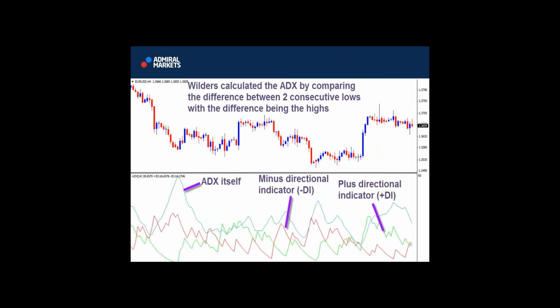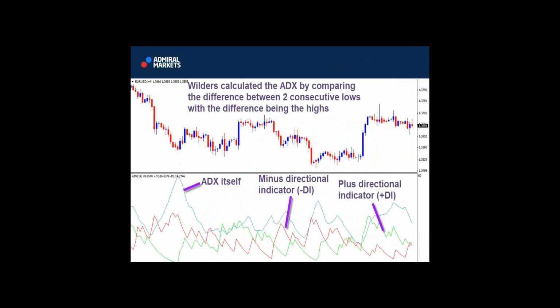Now how is that calculated? The ADX compares the difference between two consecutive lows with the difference between the highs. All right, I think there's a bit of a typo there. Basically, between the two consecutive highs and the difference with the two consecutive lows, if I remember correctly.